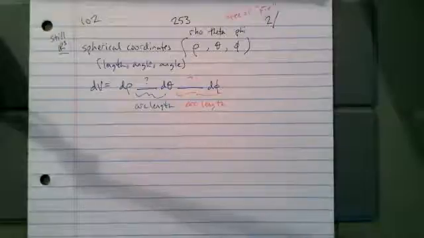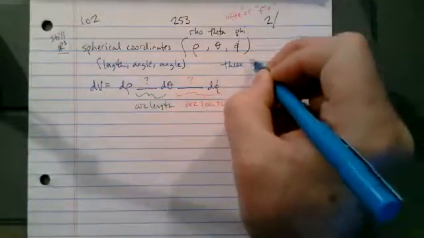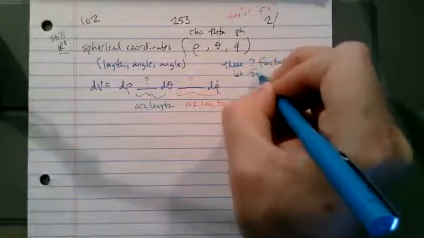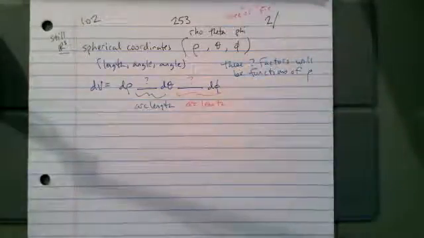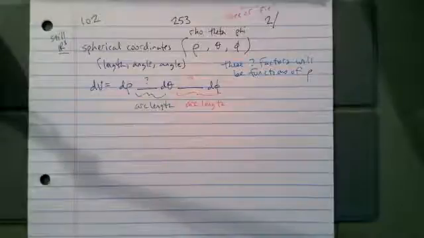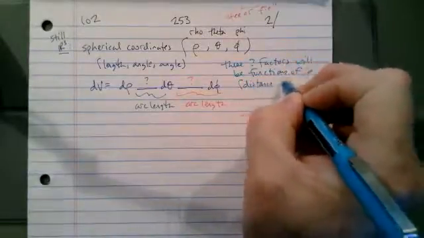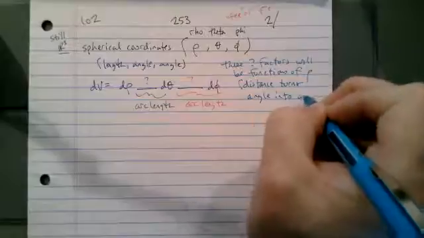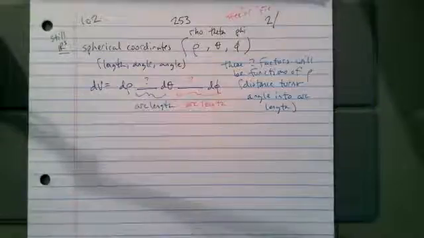So whatever these question mark factors are, they will be functions of rho, because distance is what turns angle into arc length.